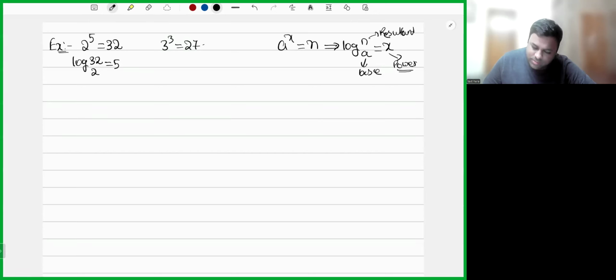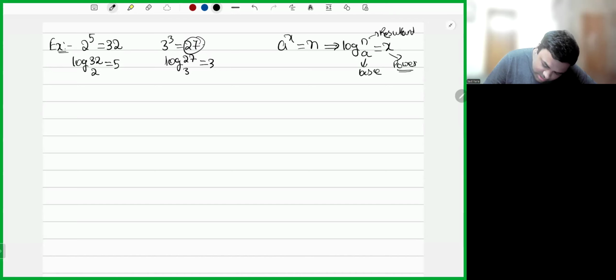In terms of log: log 27 to the base 3 is equal to 3, because log resultant to the base is always equal to power. I have 7 power 0 is equal to 1, so log 1 to the base 7 equals 0. I have 5 power 0 is equal to 1, so log 1 to the base 5 is equal to 0.